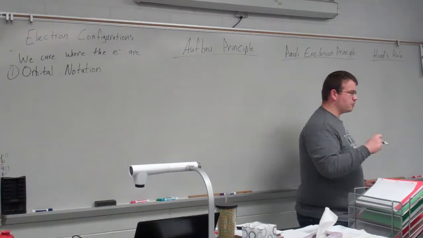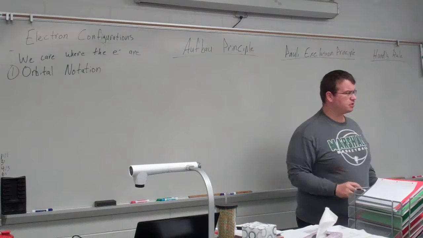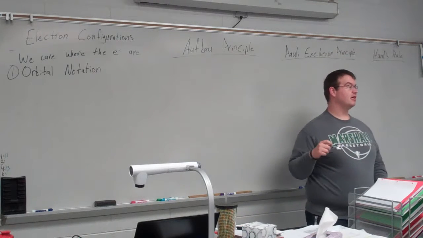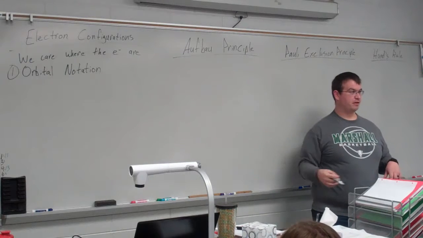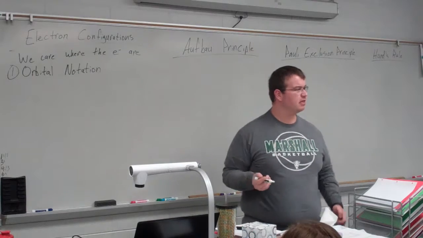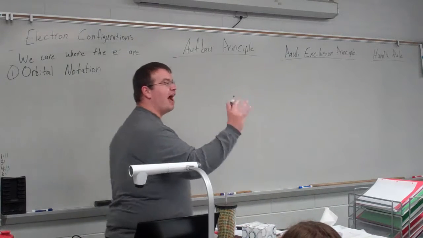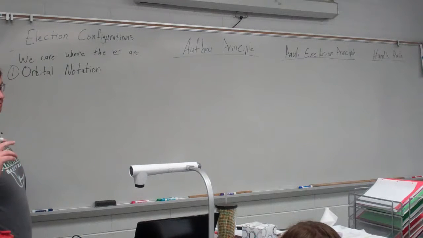And we said those electrons are in those energy levels? And it's like those energy levels are in circles. The truth of it is inside those circles are orbitals. And they have all sorts of weird, different, funky shapes. And that's where we're finding these electrons. Alright? So the first one's orbital notation.